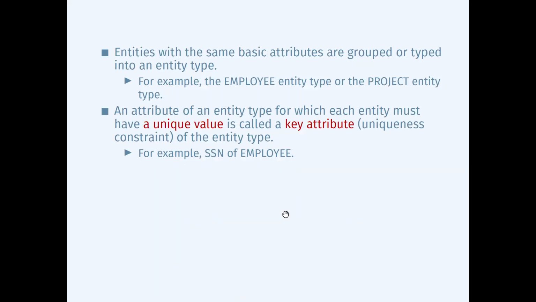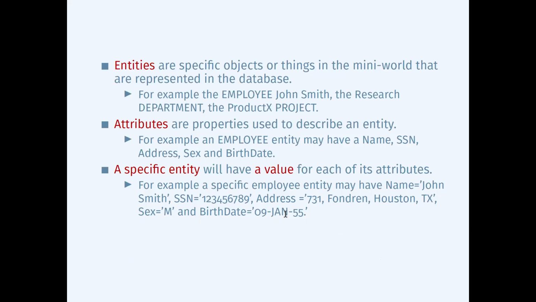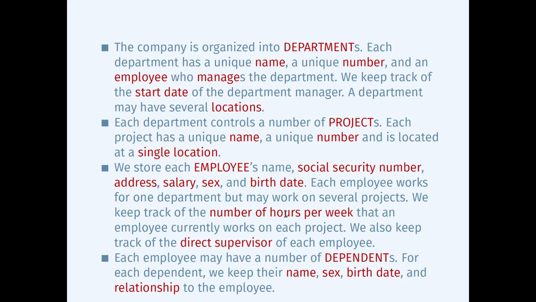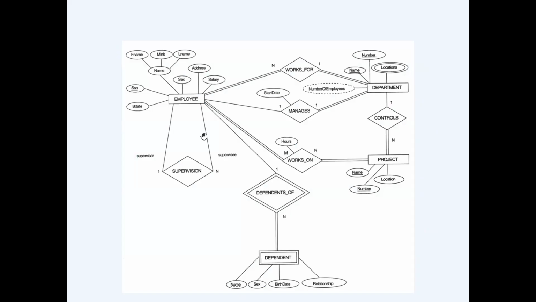Right. Now let's go back to our ER diagram and see what relations we can find. So you can see here, we have employee and department. And employee works for department. So you can see here, works for. This is a relationship which describes employees with the department.